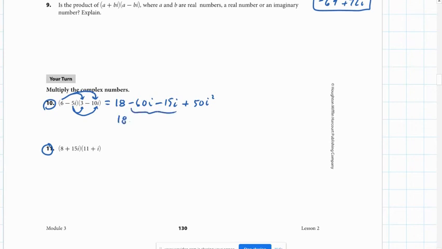These combine to give you -75i. This is 50 times -1, so that's -50. And so when we put those together, we get -32 for the real part, because it's 18 minus 50, minus 75i.